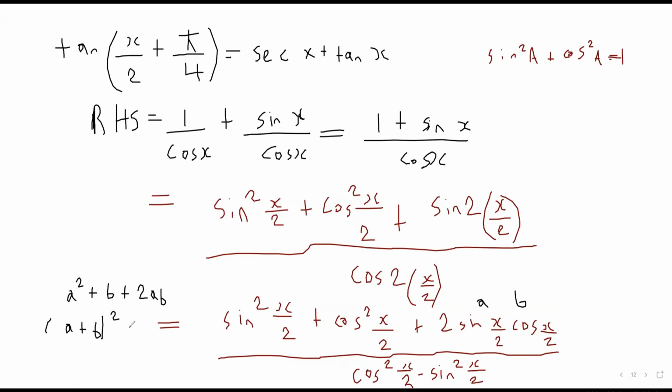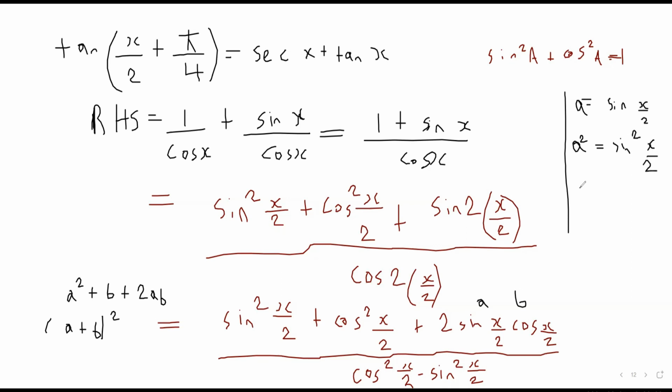All right. So now look what I'm saying. If you use this as A, let me put it in a box right here. If we let A be equal to sine x over 2, call that A, then that means that A square would be sine square x over 2. Follow that part?